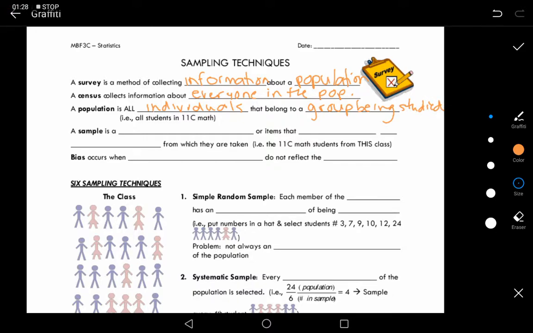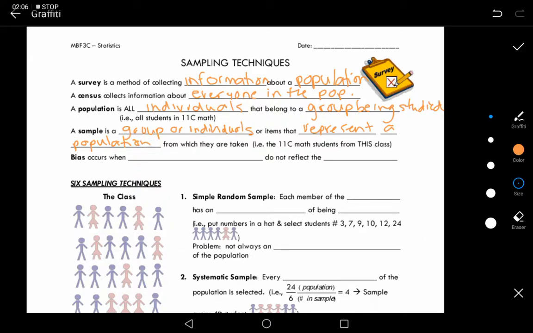Okay, so for example, all students that are taking grade 11 college math. A sample is a group or individuals or items that represent a population from which they are taken.